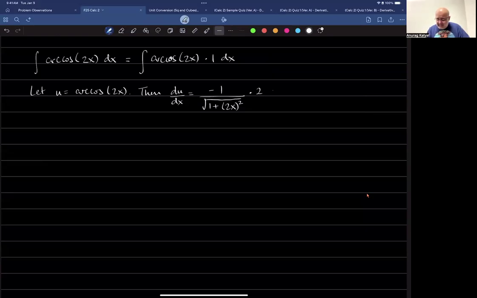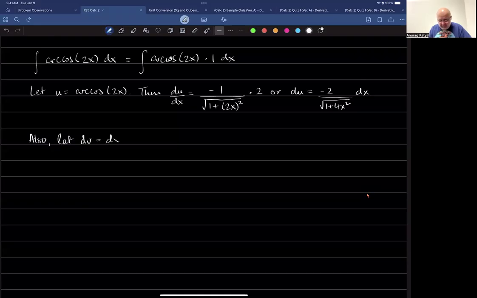Or we can say du is equal to -2 over the square root of 1 plus 4x squared dx. I'm multiplying the dx over to the other side, and -1 times 2, I'm just multiplying together, just to reduce how much I have to write. So that's u. Also, let dv equal what's left over, which is dx.